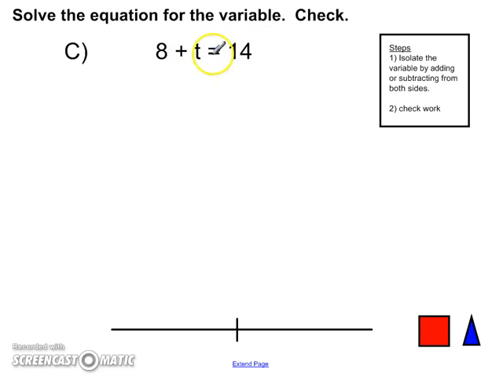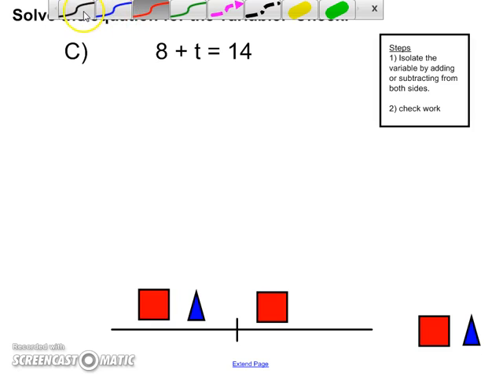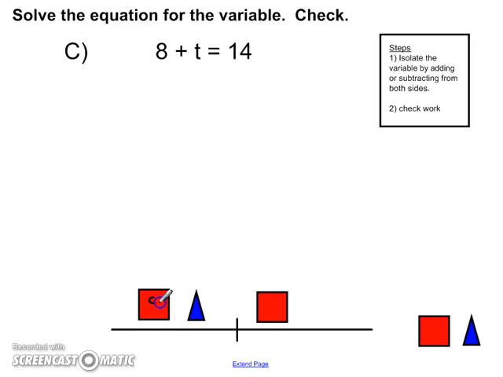So, okay, if we were going to set this up using hands-on equations, let me go ahead and get all of my pieces out here, and I'm going to fill them in. So we would have a cube value of 8. I'm going to fill that in here. We would have, in this case, t, or it's x in hands-on equations, but our variable. And then on the other side of our balance is 14. And your job in hands-on equations would be to figure out what is the value of x, or in this case, t.